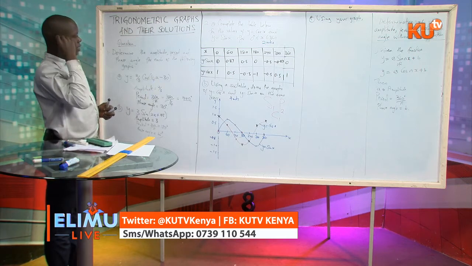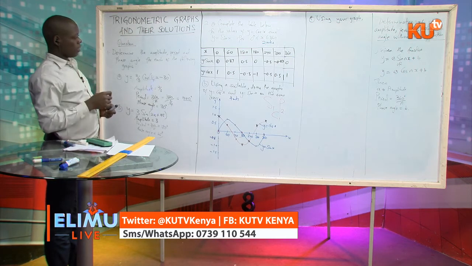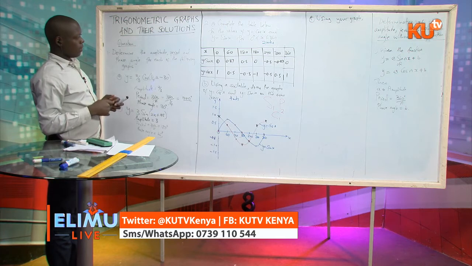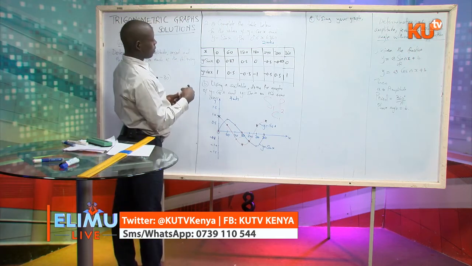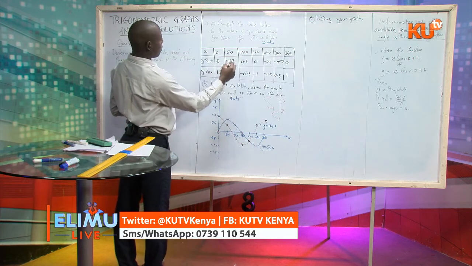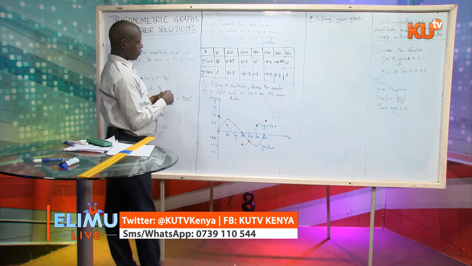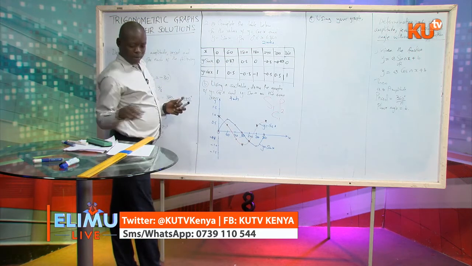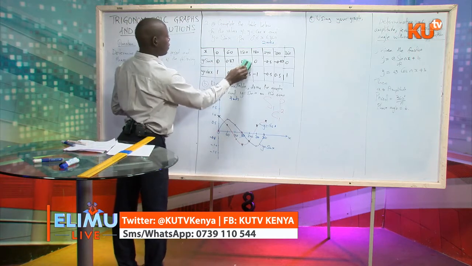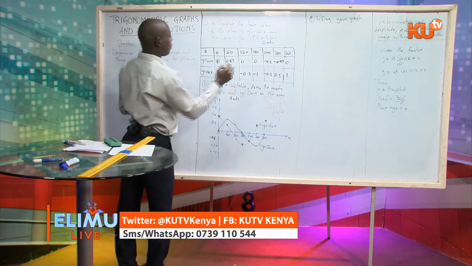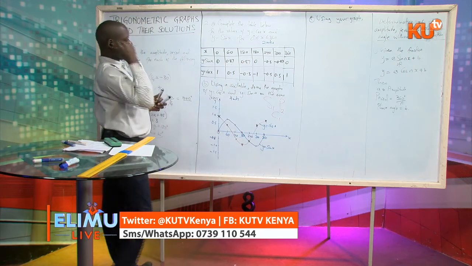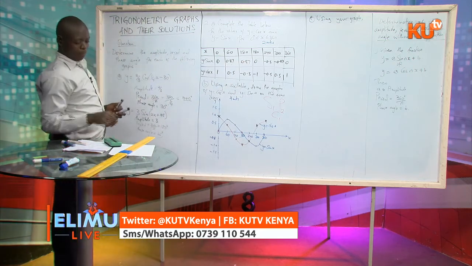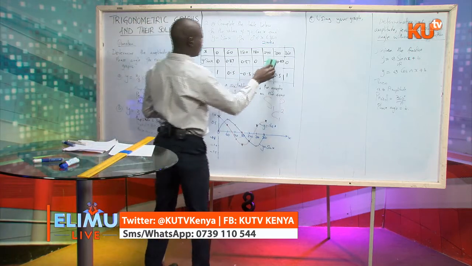Sine 60, sine 120 is 0.87, sine 240 is negative 0.87.